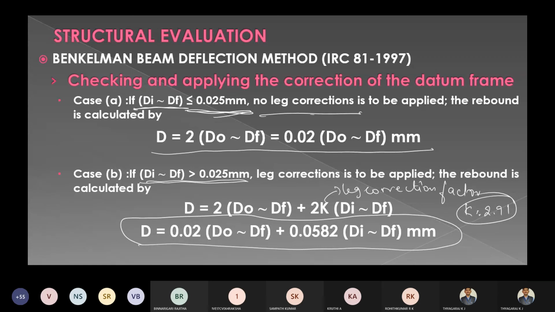So remember, whenever the difference between your intermediate and final value is less than 0.025 mm, you can adopt this formula. When it is greater than 0.025 mm, you have to adopt this formula. The correction will be applied only if the intermediate value DI and final value DF are affecting the value.